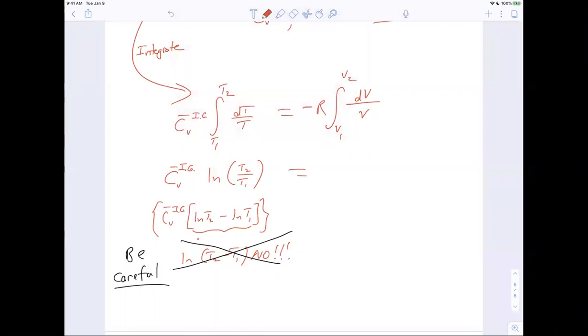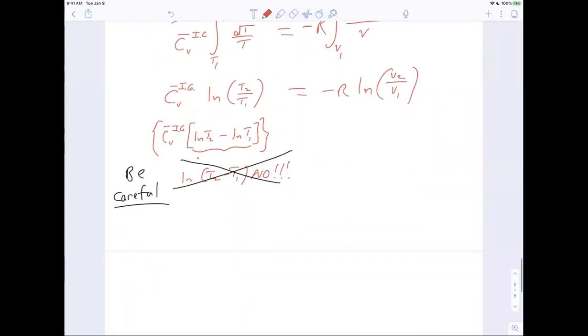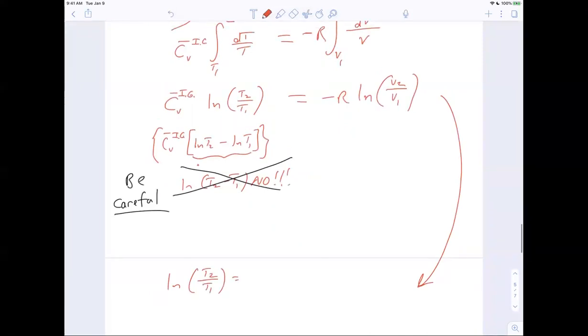So here we can do the same thing with the volume integral. We have minus R natural log V2 over V1. Now we'll clean this up a little bit. So natural log of T2 over T1 is equal to minus R over CV bar for an ideal gas times the natural log of V2 over V1.